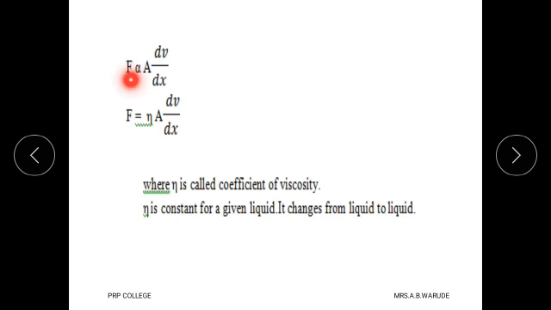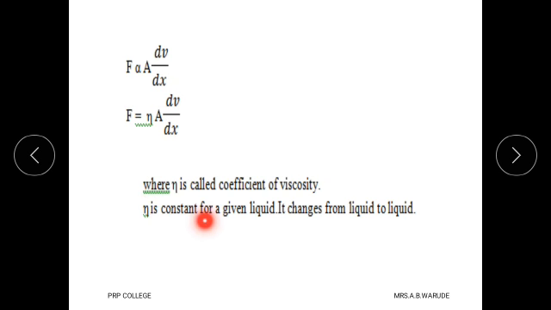Then we write the equation. Here F means viscous force, directly proportional to surface area and directly proportional to velocity gradient. And for velocity gradient, the equation is dV upon dx. Then in the next step, when we consider the equal sign, we get F equals eta A dV upon dx, where eta is a constant known as the coefficient of viscosity.